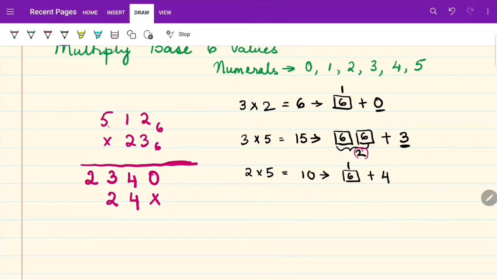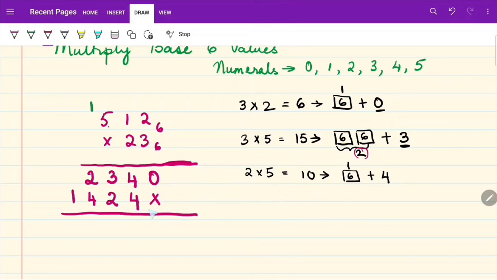So again, we are going to write the 4 to the left of the 2. And then this 1 is going to be the carryover. Now, since we have completed the multiplication at this point and there's nothing else to multiply 2 with, we just write this 1 to the left of 4.